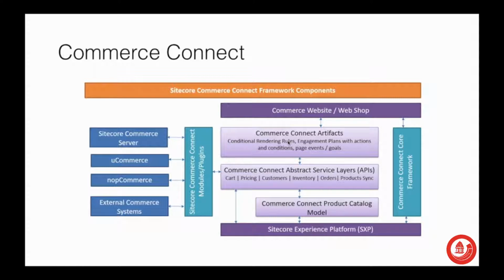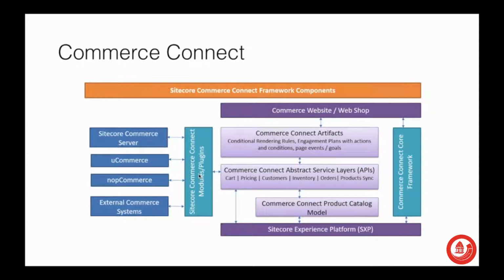On the top you have the commerce website or web shop, and then on top of the Commerce Connect core framework, you have your own implementation of some of the pipelines.